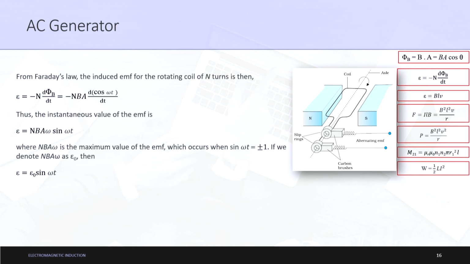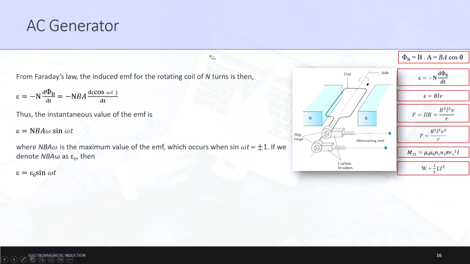Moving on from Faraday, the last point we got was phi B is equal to B A cos omega t. From Faraday's law, the induced EMF for the rotating coil of n turns is epsilon equal to minus n d phi by dt, the same formula, just putting this value here, a simple mathematical substitution.